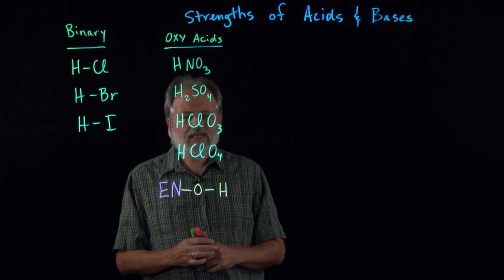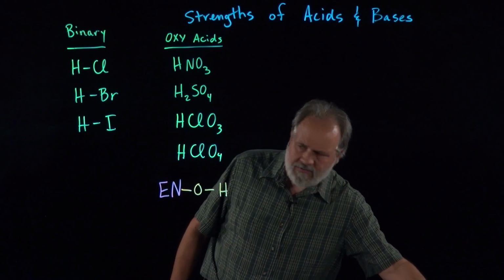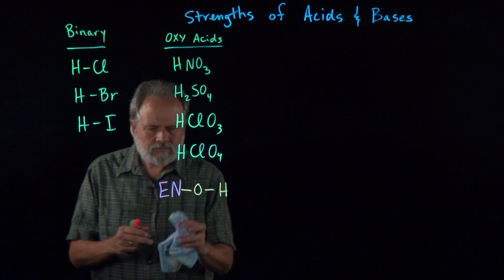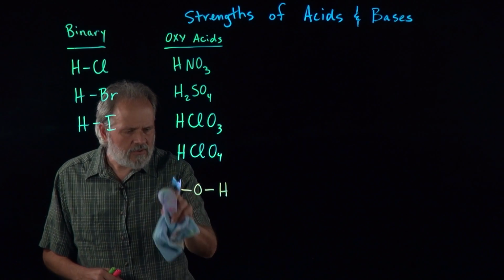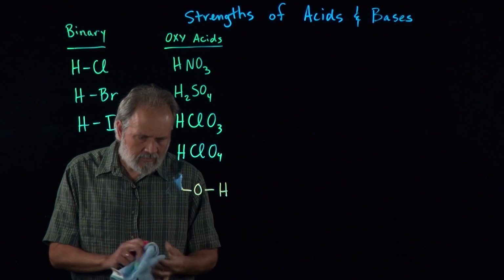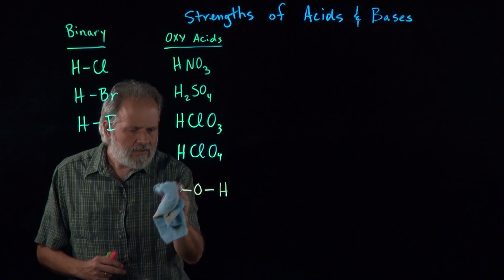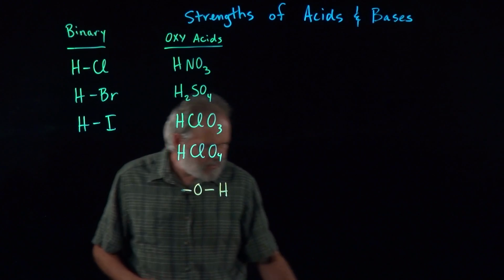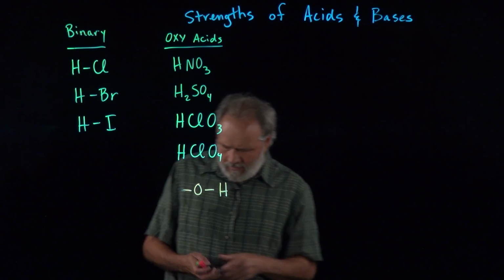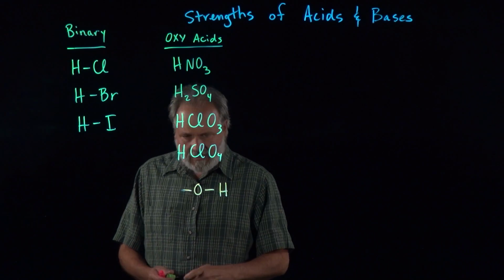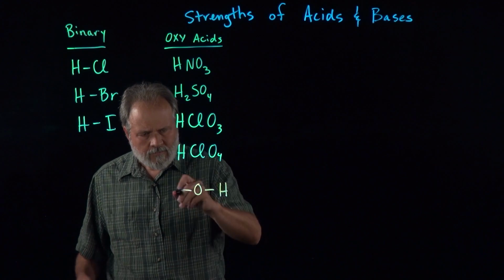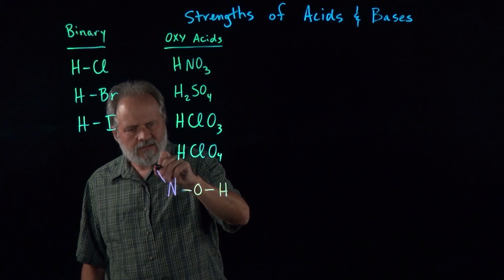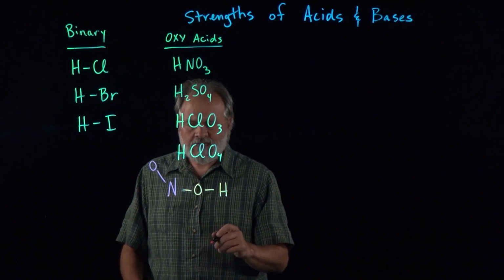So let's take a look at the first one, nitric acid, and see how this works. That's going to be nitrogen, which is electronegative, and then attached to that nitrogen is another electronegative oxygen.